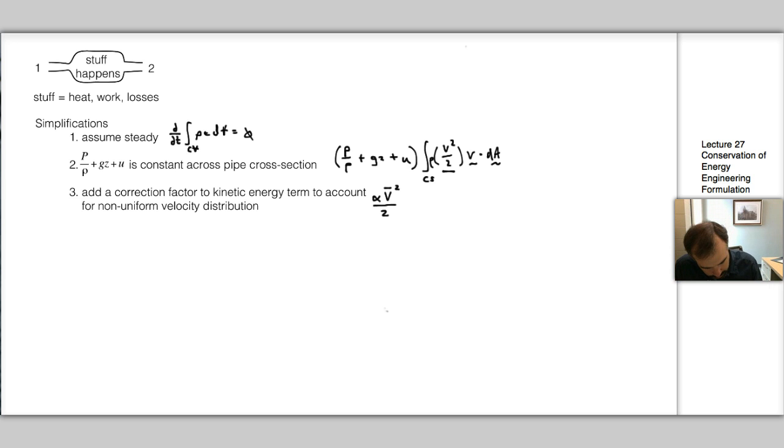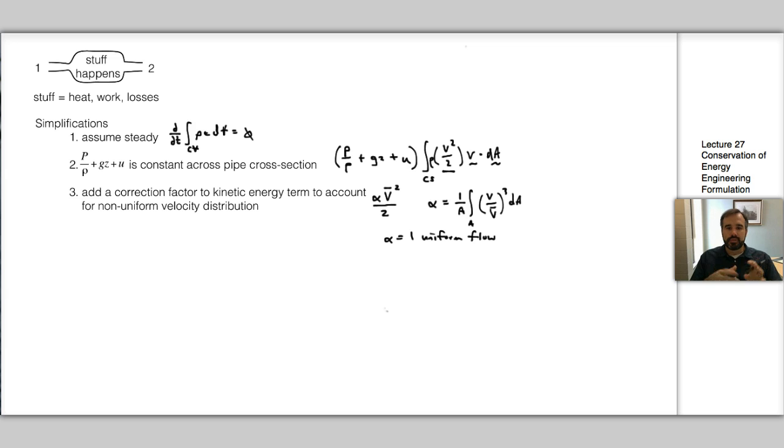And what that really means is that alpha is going to equal 1 over the area, the integral over the area of V over V bar cubed dA, and that leads to alpha equal to 1 for uniform flow. And that intuitively makes sense, right?